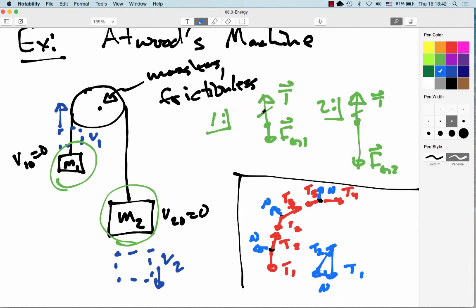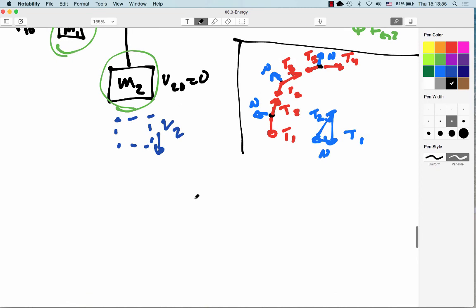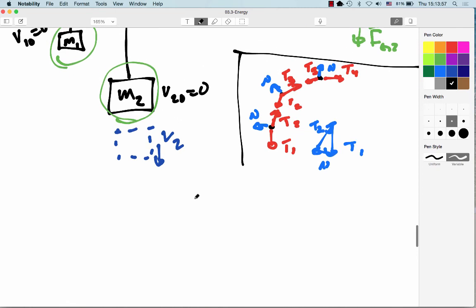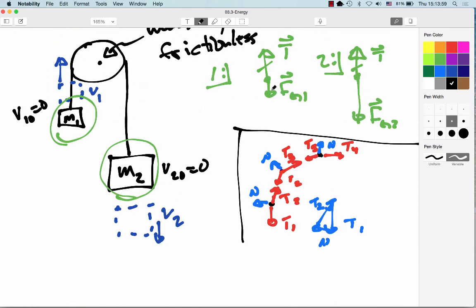So the upshot as we work our way all the way around is these two forces are equal, not purely by the third law, but by a rather complicated collection of second and third law pairs. Okay. So anyway, with all of that, we've got tension up, gravity down, tension up, gravity down.